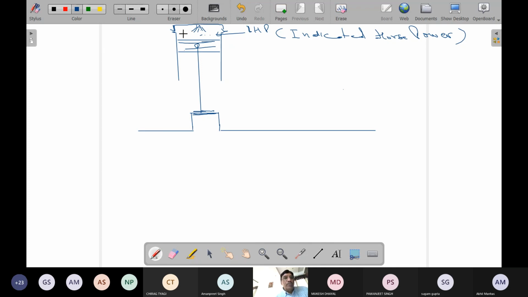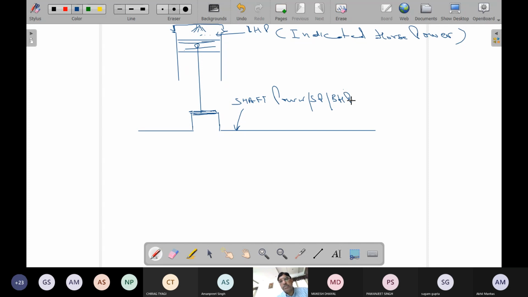So if I account for all those losses, then whatever power I get at the shaft, we are calling it shaft power. In short, we will call it SP or BHP, same thing.